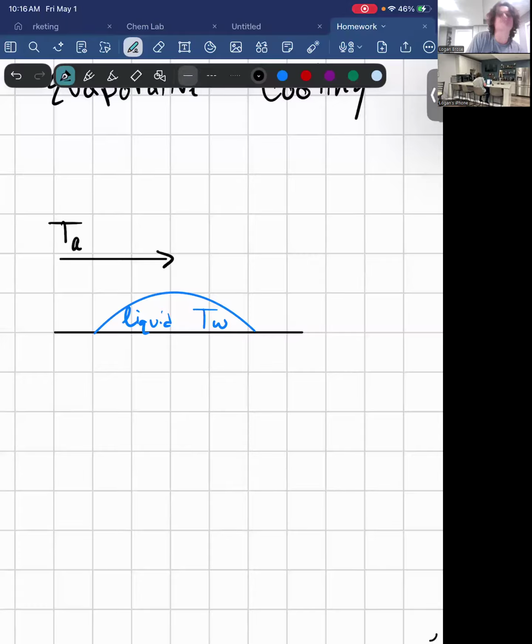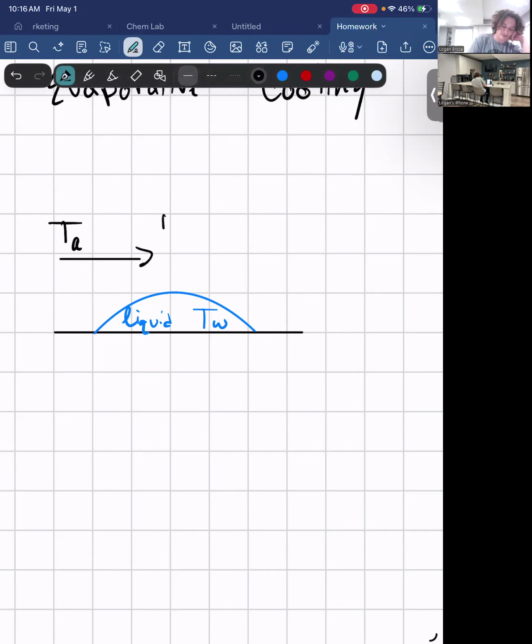So we have a surface with a bubble of, we'll say, water. This is liquid water at some temperature, and we have air flowing above it, which will be at T air.